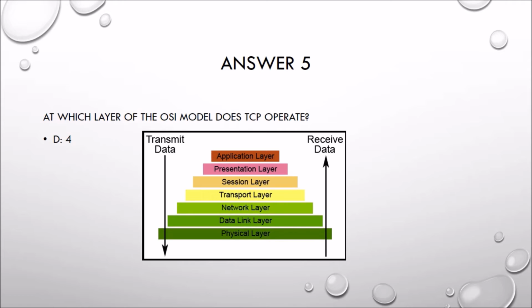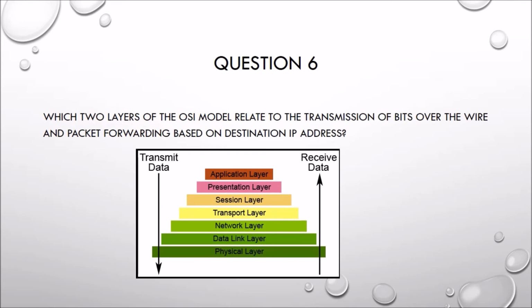Well, when looking at the layers of the OSI model, I think of the physical layer as dealing with electricity, the data link layer as dealing with MAC addresses, the network layer as dealing with IP addresses, and the transport layer as dealing with port numbers. So since TCP uses port numbers and layer 4, the transport layer, uses port numbers, we know that TCP operates at the transport layer.